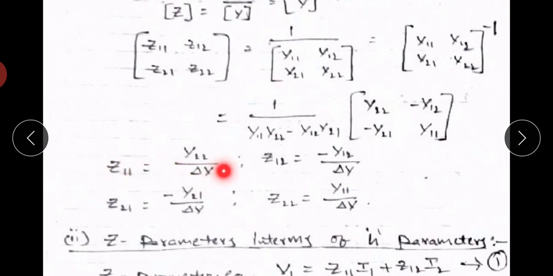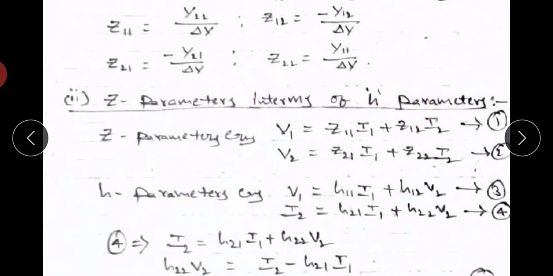So Z11 equals Y22 by delta Y, Z12 equals minus Y12 by delta Y, Z21 equals minus Y21 by delta Y, Z22 equals Y11 by delta Y. These are Y parameters, Y11, Y12, Y21, Y22, and these are Z parameters, Z11, Z12, Z21, Z22. If you know any network Y parameters, by using these formulas we can find Z parameters.